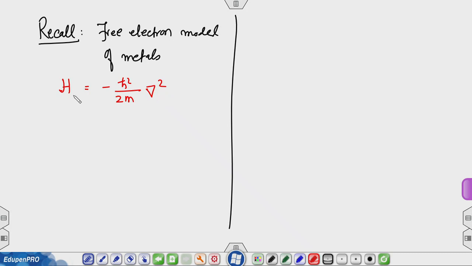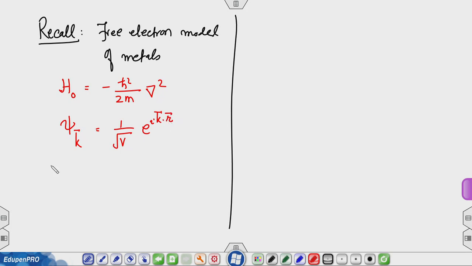Let me, in the context of this lecture, call this H 0, and the wave functions were specified by k, which was 1 over square root of V for normalization. V is the volume over which periodic boundary conditions are applied, e raised to i k dot r.